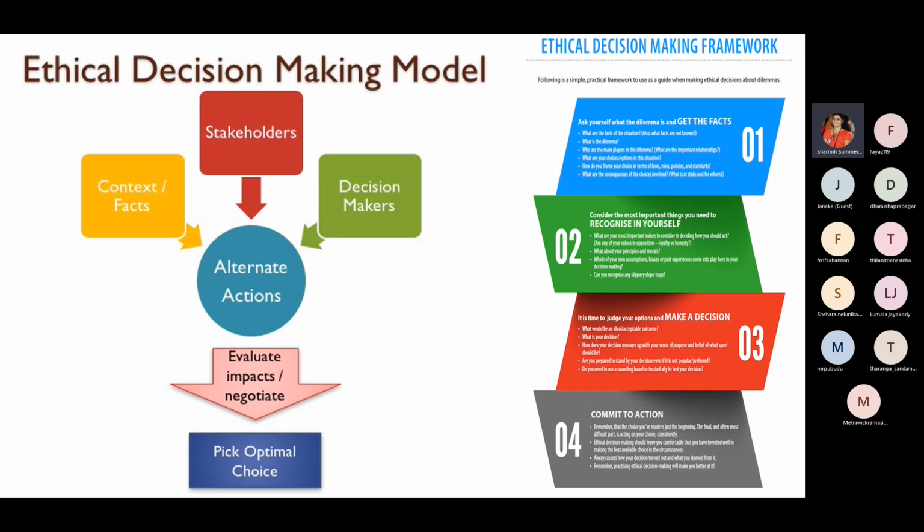You need to collect all the possible facts regarding the ethical dilemmas and problems you encounter. Once you get all the facts, you create different solutions or options to overcome those ethical problems within yourself.